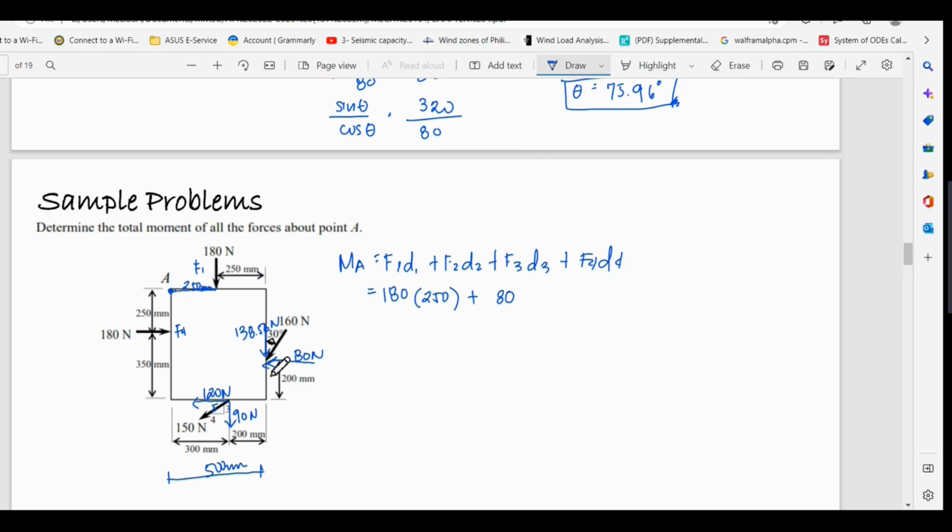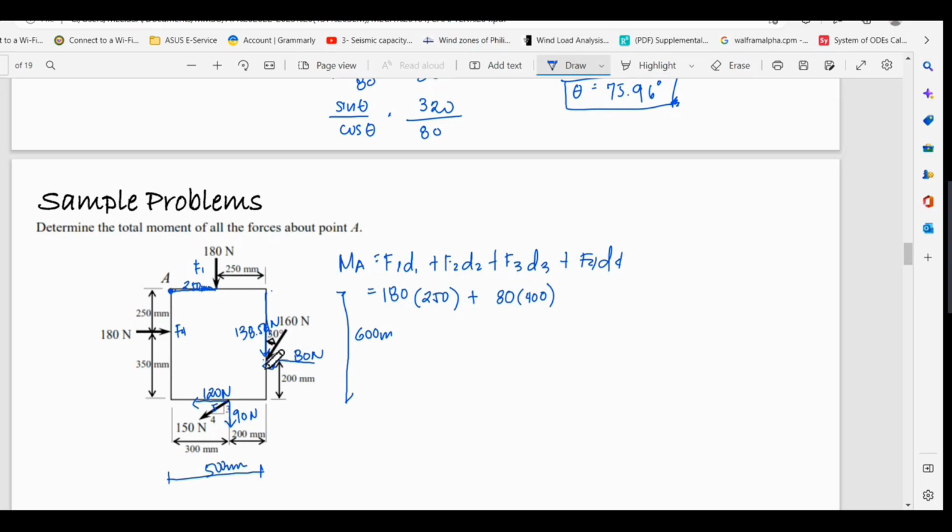This is our force F2, 80 Newton, and this is the distance. The overall length is 600 millimeters, so 600 minus 200, we are left with 400 millimeters.